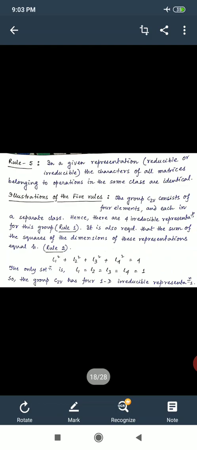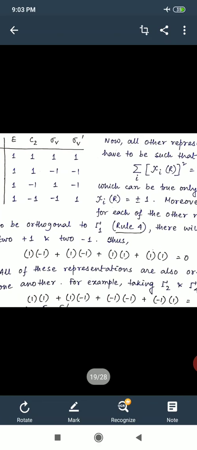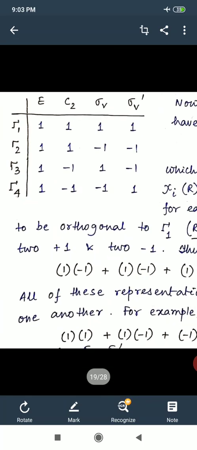First, we took the example of the C2V point group, and in case of the C2V point group, the irreducible representations look like this, all are one dimensional.